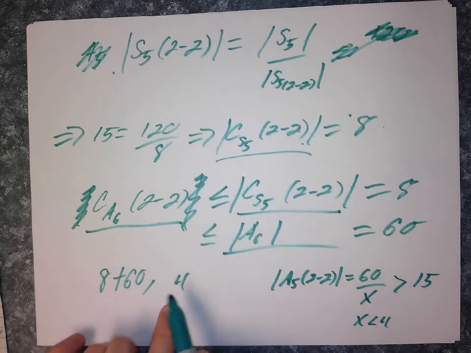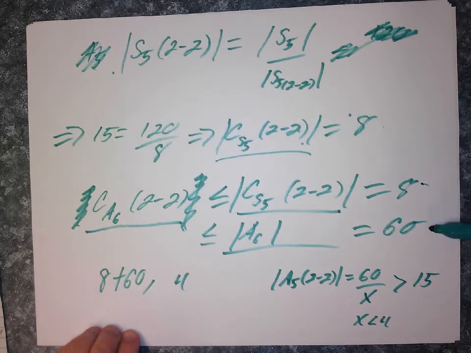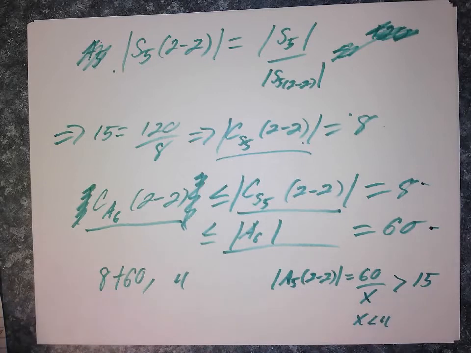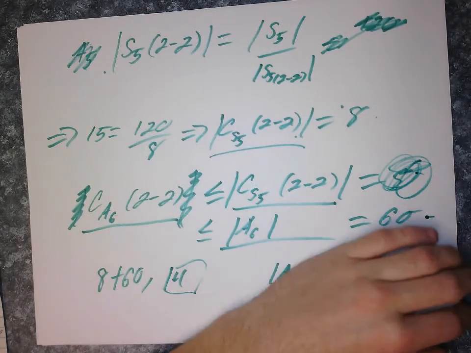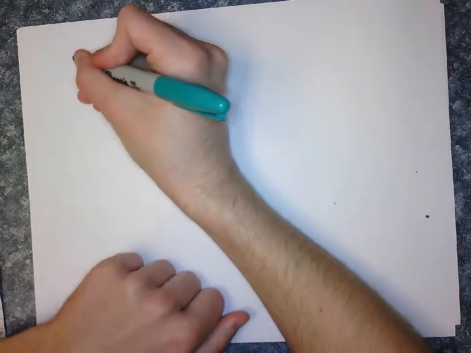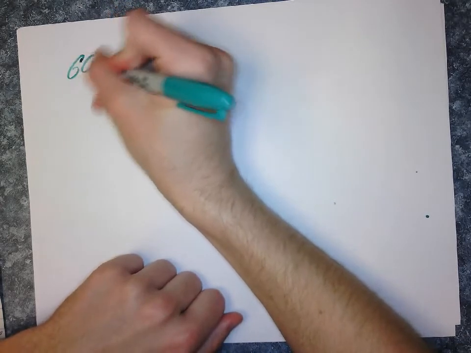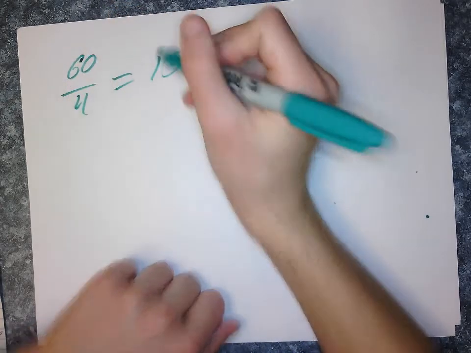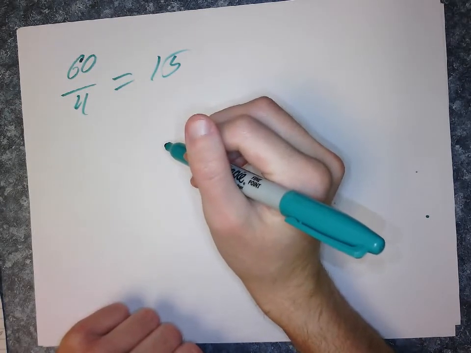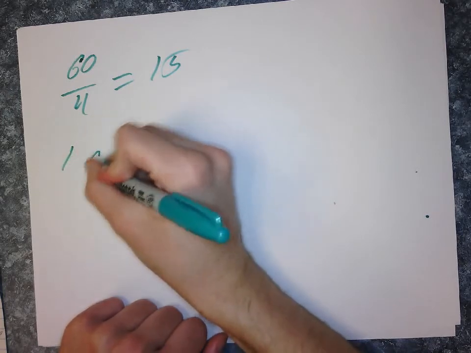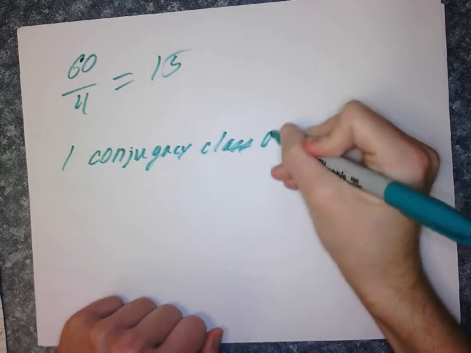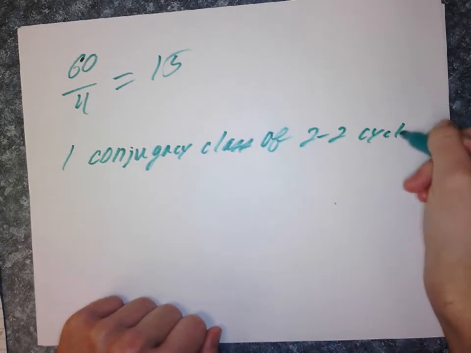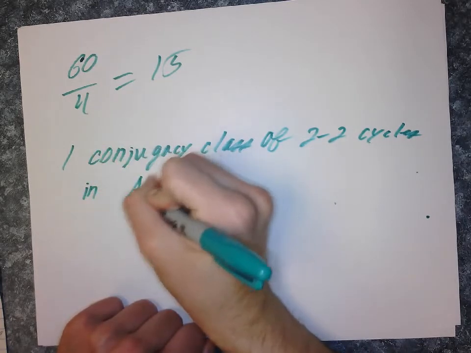But we also know that we can't be greater than 4, because the next number that divides both 8 and 60 would be 8, but then 8 doesn't work, and you can't go above 8 because 8 is here. So, that means that 4 is the only number that works. And so what we end up getting is 60 over 4, which is 15. And so that means that there is one conjugacy class of 2-2 cycles in A5.